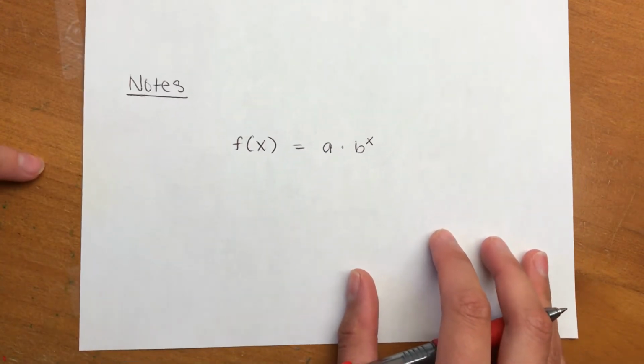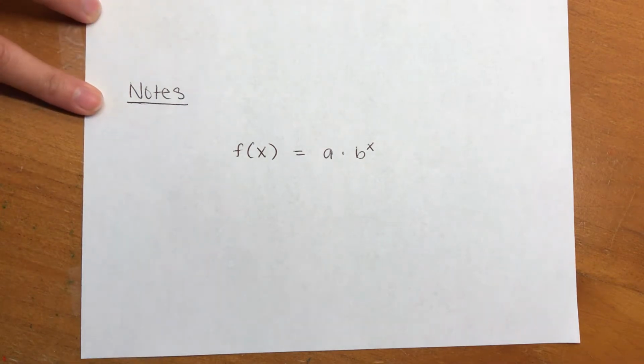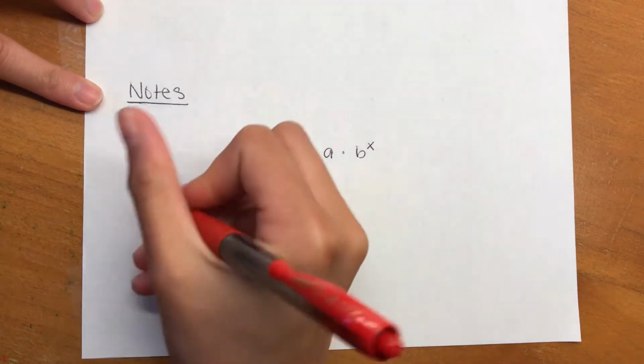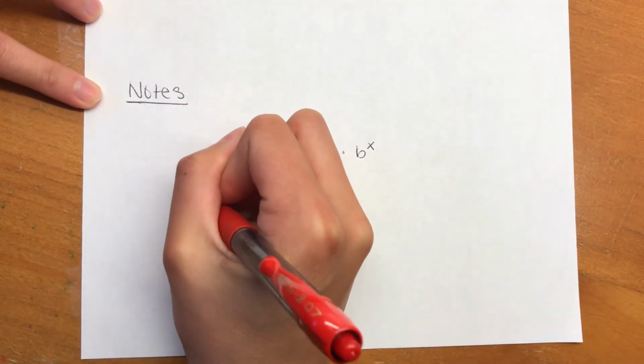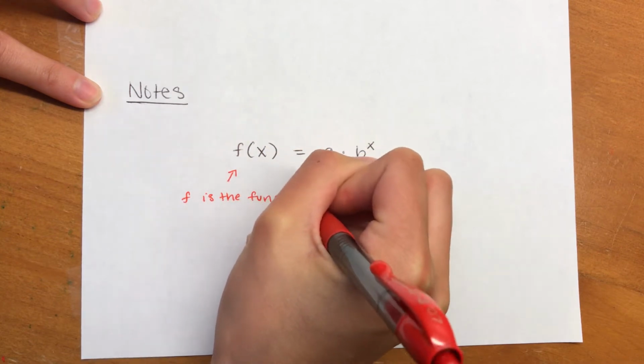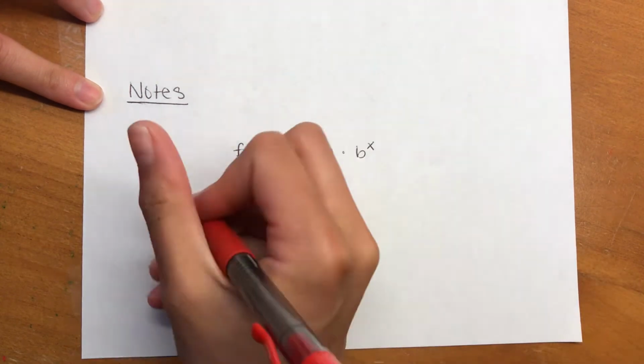This is a basic exponential function. So what I've got here, and I want you to be writing this down, f, that's my function notation, right? F of x. F is the function. And we would say that x is our input, right?